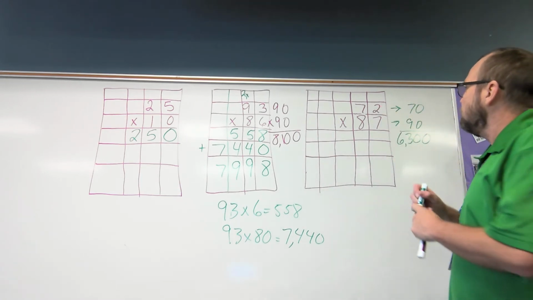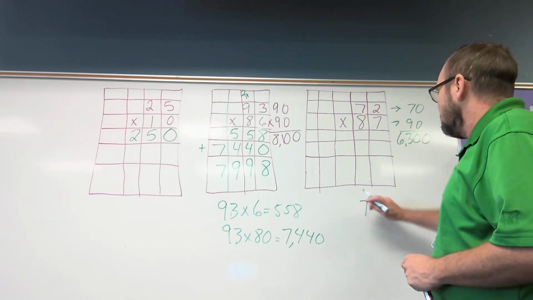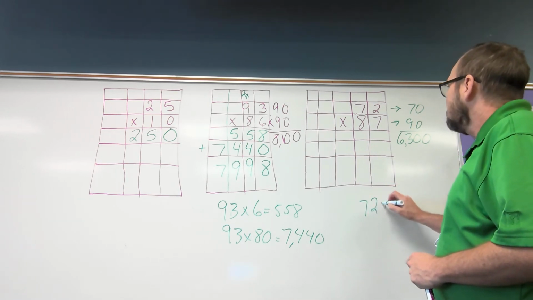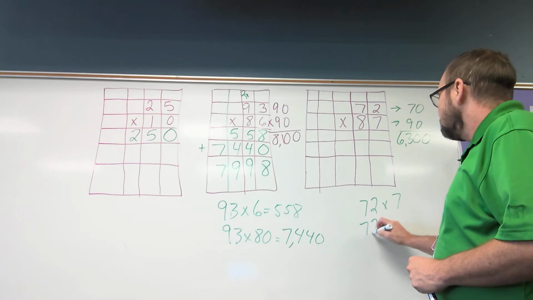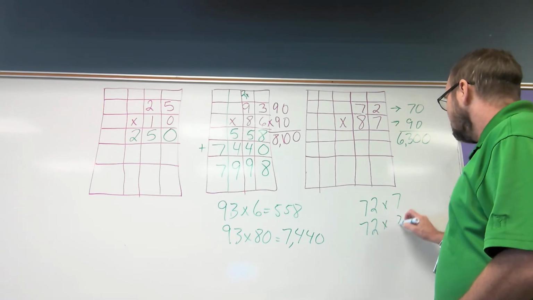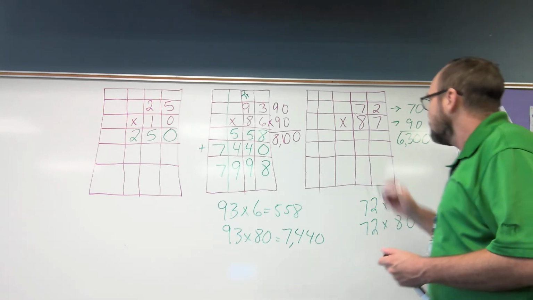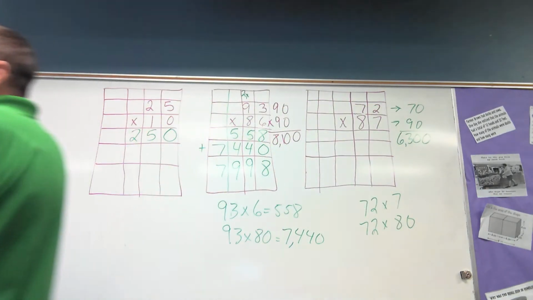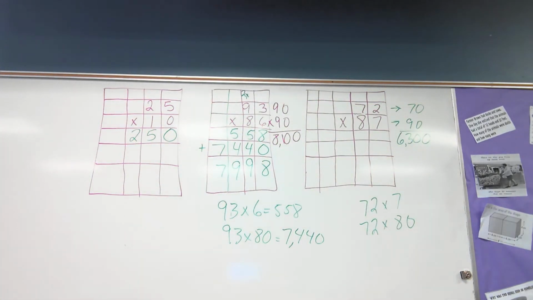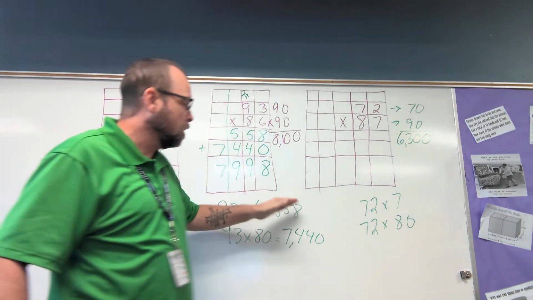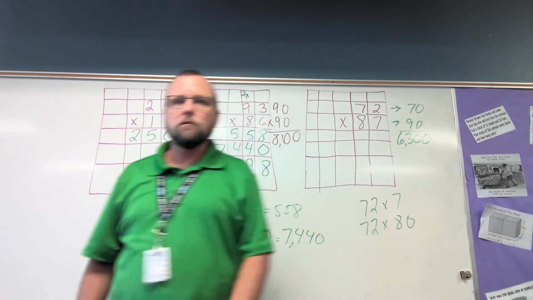Now, what I'm doing here is I'm going to multiply 72 times 7 and 72 times 80. I took my second factor and I expanded formed it. And then I just multiplied it one step at a time. And then I will add these two products together.